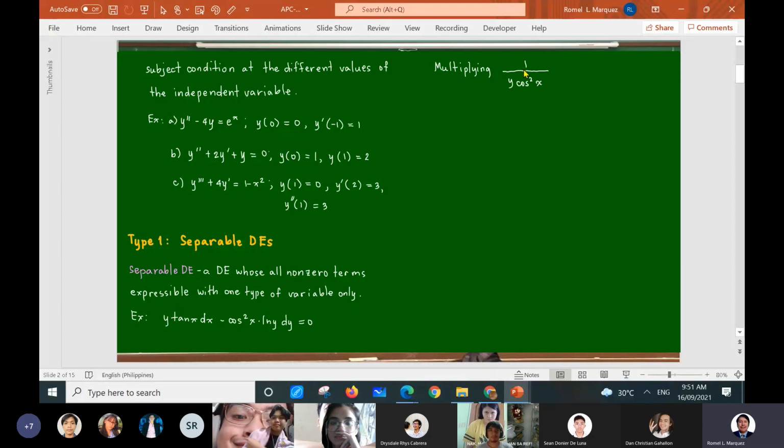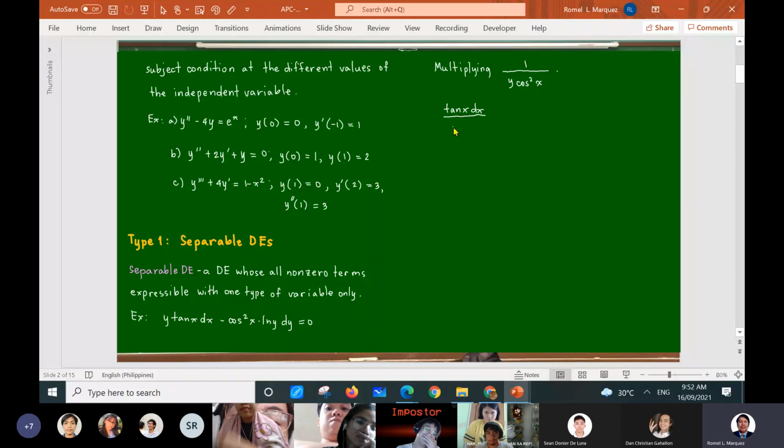If I multiply each side by this, the first term becomes tangent x dx over cosine squared x. Then the second term, negative ln y dy over y, and the right side is equal to 0.